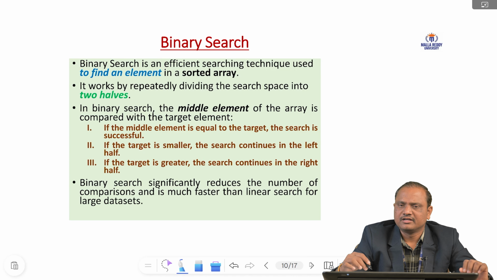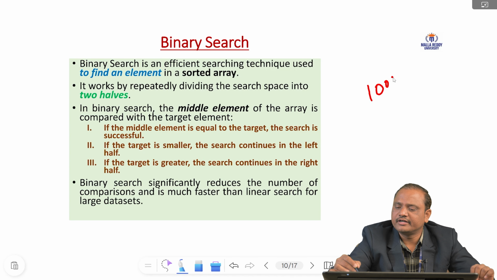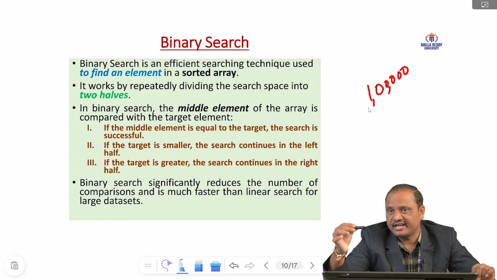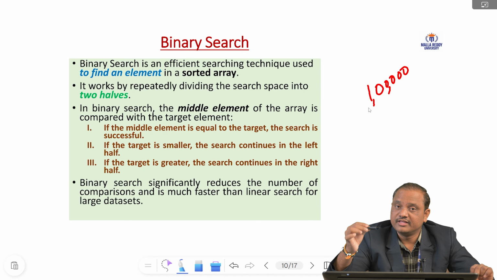Just take a simple example: I have 10,000 values or 1 lakh values in my array and my target element is at the last position. Then it has to compare with all 1 lakh elements. Just assume how much time it will take. That is the main drawback of linear search.